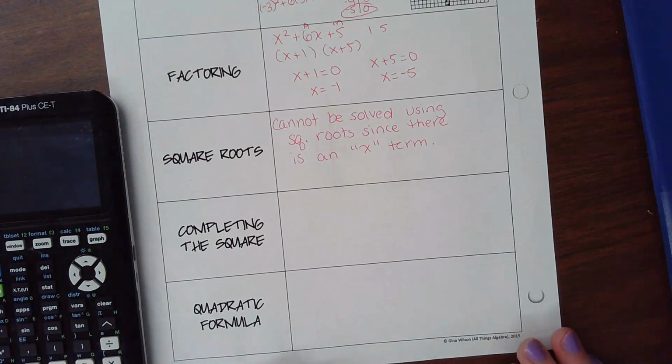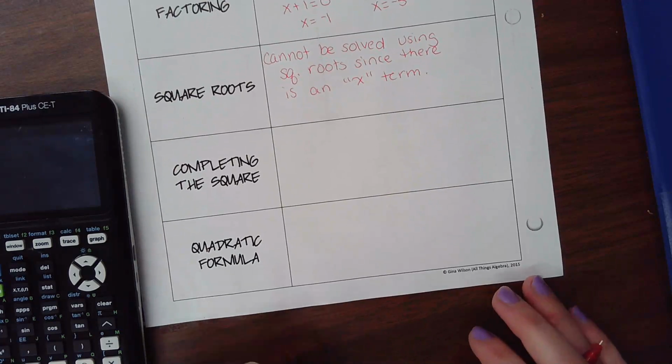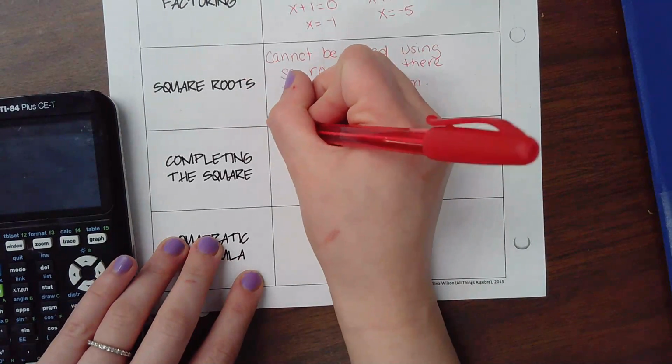Right, so we can't do the square roots method on this particular equation. We can do completing the square. So let's start it off.